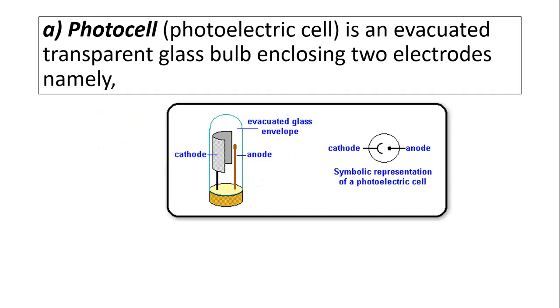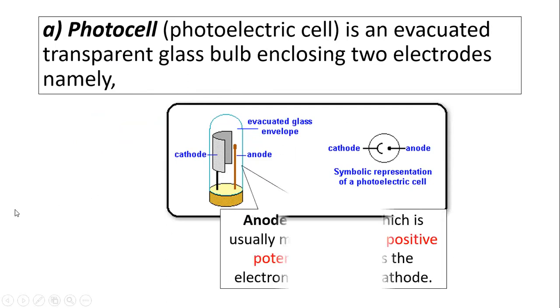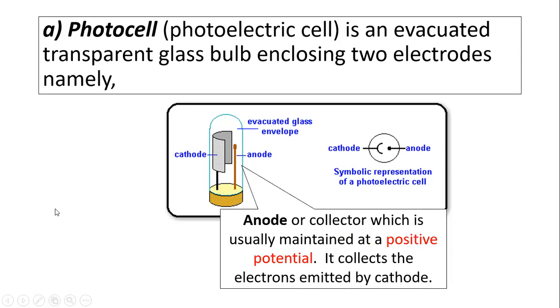Right? So a photocell or photoelectric cell is an evacuated transparent glass bulb enclosing 2 electrodes. So inside there is vacuum, very little air, right? Vacuum, and there are 2 electrodes, the cathode and the anode. The anode, sometimes we call it the collector because it collects the electrons, is usually maintained at positive potential.